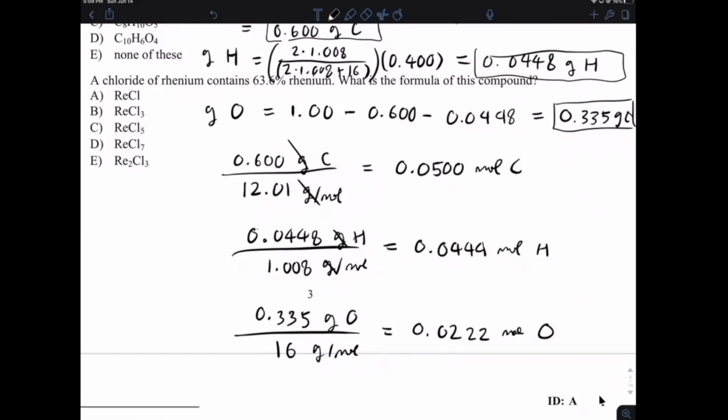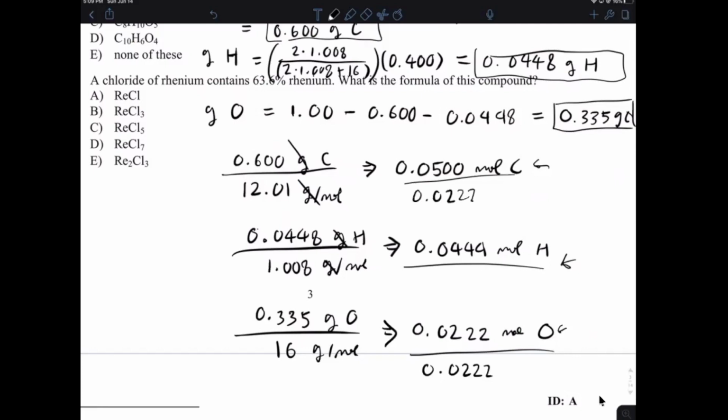So what number should we divide all of these by? Yeah, the smallest one. And which one is the smallest one in this case? Would it be the one for C, H, or O? It would be for O. So divide everything by that. I'll just put an arrow instead, so it's not equal. 0.0222, 0.0222, 0.0222.